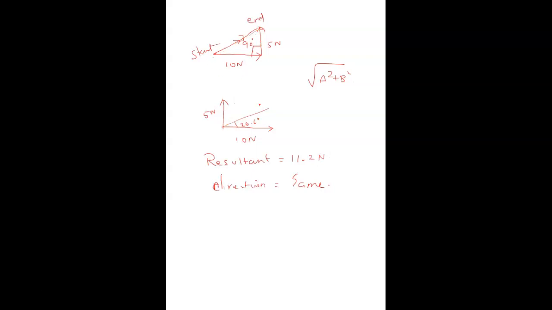This line is the resultant, and in the same way this line is the resultant. How will you get this? You have to draw a rectangle or square and draw the diagonal, which will be known as the resultant. This value will be the same as we found from the Pythagoras theorem, 11.2, and this angle will be 26.6 degrees.